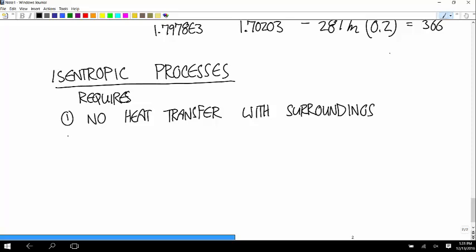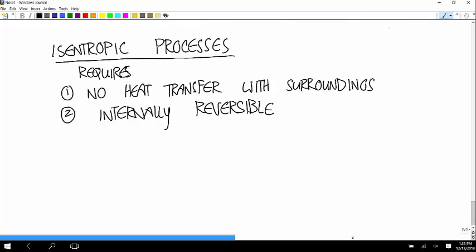And second, that there are no internal irreversibilities. And we're doing this for ideal gases only.